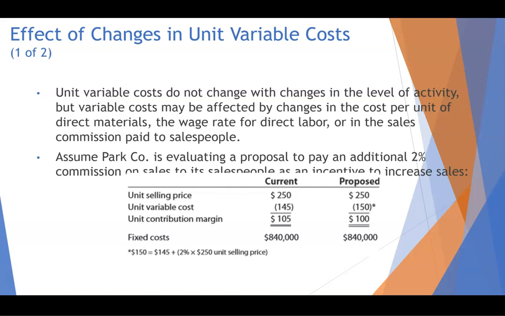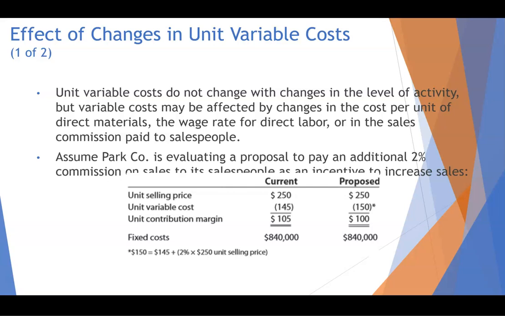Unit variable costs don't change with changes in the level of activity, but variable costs may be affected by changes in the cost per unit of the direct materials or the wage rate for direct labor or the sales commissions we pay to salespeople.